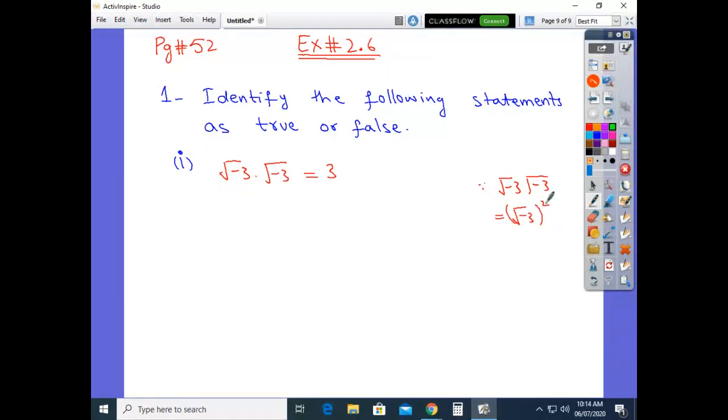After cancellation of the square root with the square, we get negative 3. But on the right hand side, it is written as positive 3. The answer is negative 3, but here we have only positive 3. Therefore, this statement is false. You write false here. Similarly, do every part yourself.